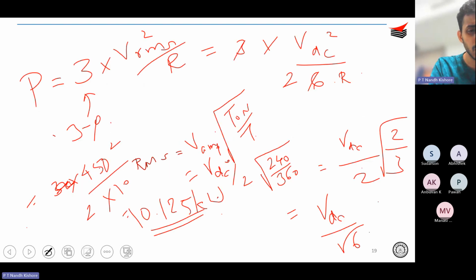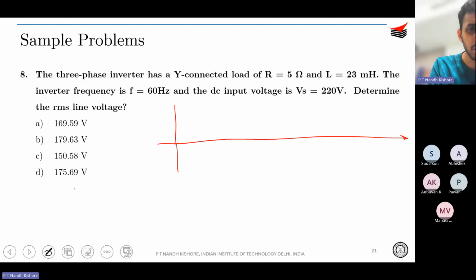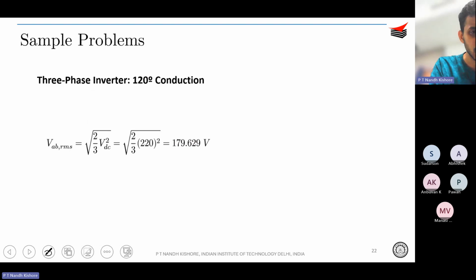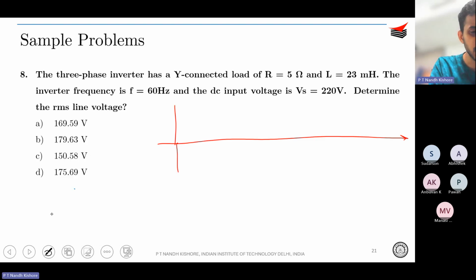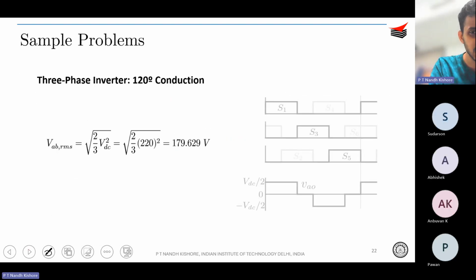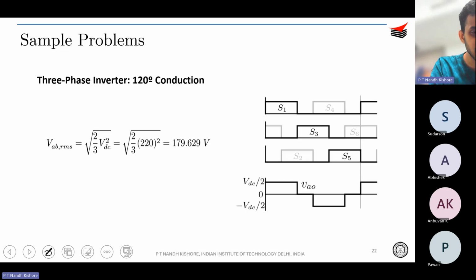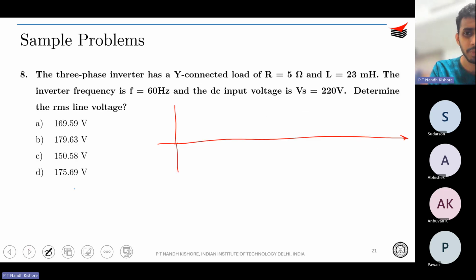Okay. Since they have not given what kind of conduction this is, either 120 or 180, it is actually your prerogative to do both and find out which is correct among the options.